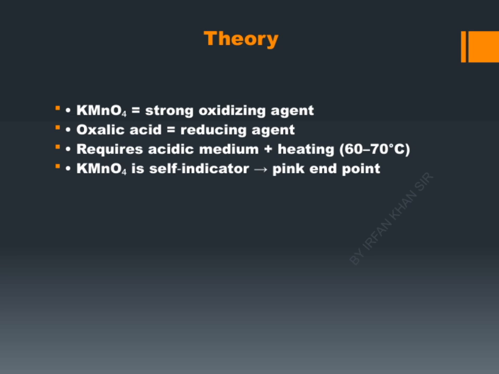So, in summary, understanding the roles of KMnO₄ and oxalic acid, along with the conditions like acidity and temperature, is crucial for accurately performing this titration. It ties back to our overall theme of mastering redox reactions and their practical applications in analytical chemistry.